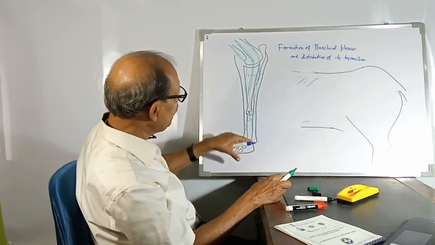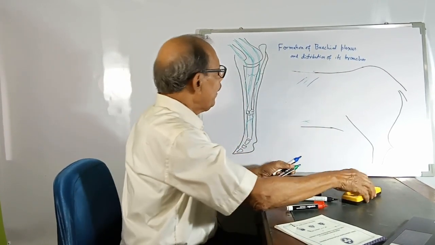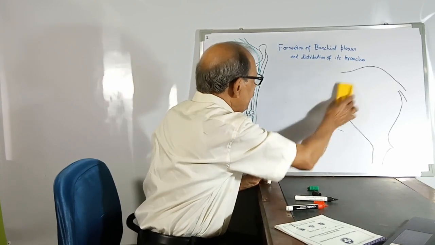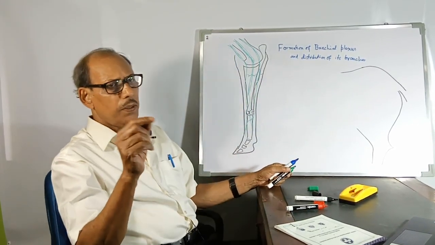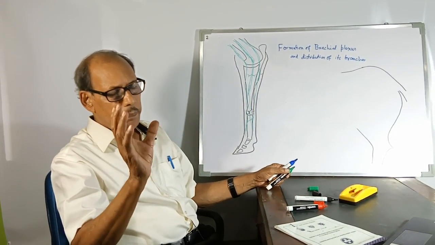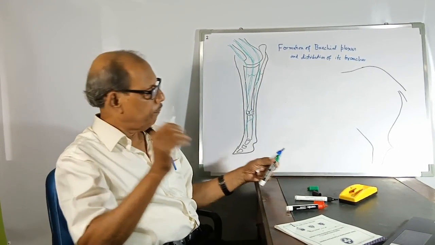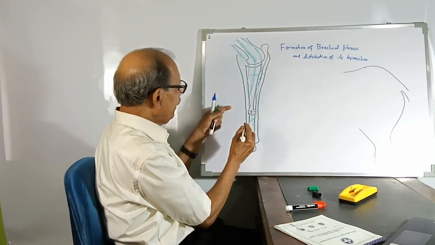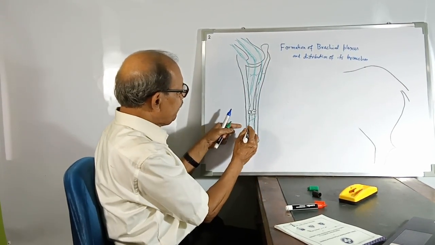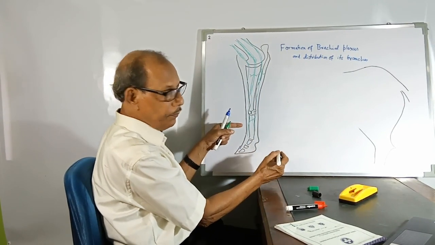Now, how they are distributed over there, we shall look carefully. For that reason, we shall draw two figures, one front and another the back side of the limb. We are drawing the anterior aspect of the limb and the posterior aspect of the limb.